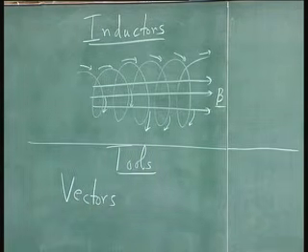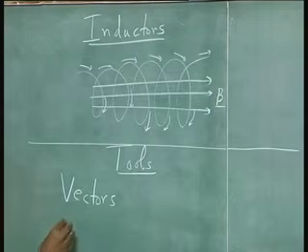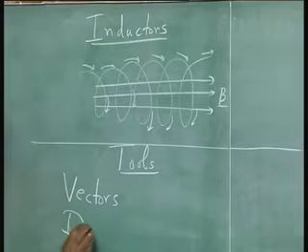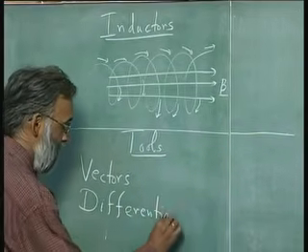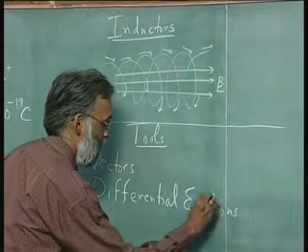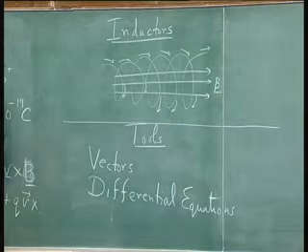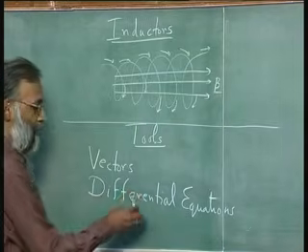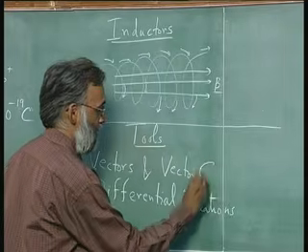We will review vectors, but still you should have learned them. You need to understand differential equations. Now, more than vectors, you need to understand what vectors can do in the presence of differential equations. So, this is called vector calculus.